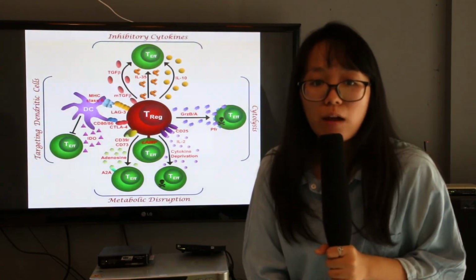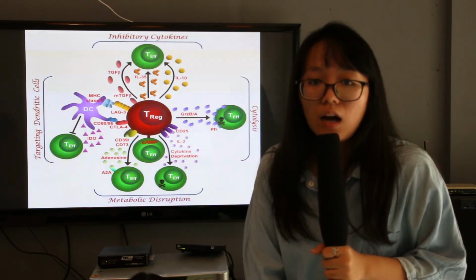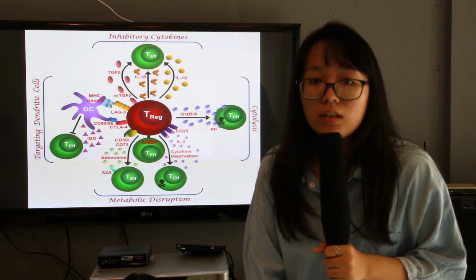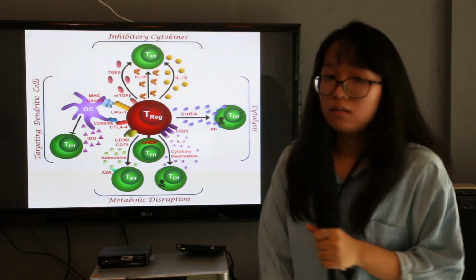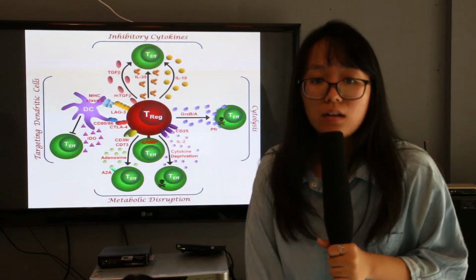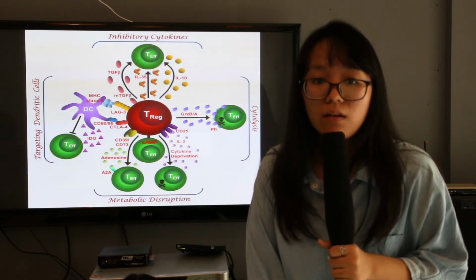The second pathway is suppression by cytolysis. The Treg will use the granzyme A, granzyme B dependent, and the perforin dependent killing mechanism to break down the T effector.